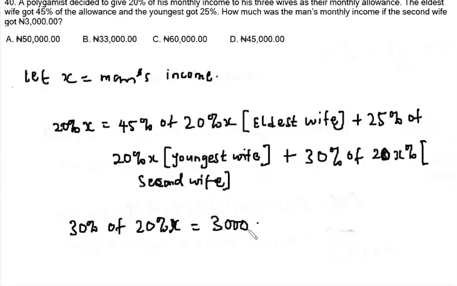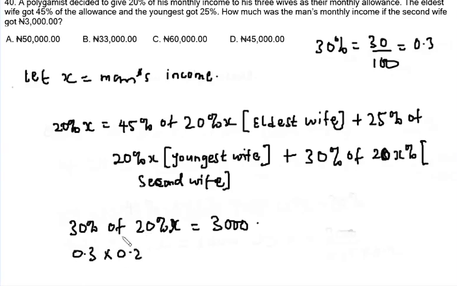Okay, so from here we can represent percentages as decimal numbers. So simply stating that 30% is still the same thing as 30 over 100, and that is equal to 0.3. So I can simply say 30% here is 0.3 times 20% here is 0.2. Of is still the same thing as multiplication here. So 0.3 times 0.2 times x is equal to 3,000. So if we make x the subject of formula, we can get the man's income.